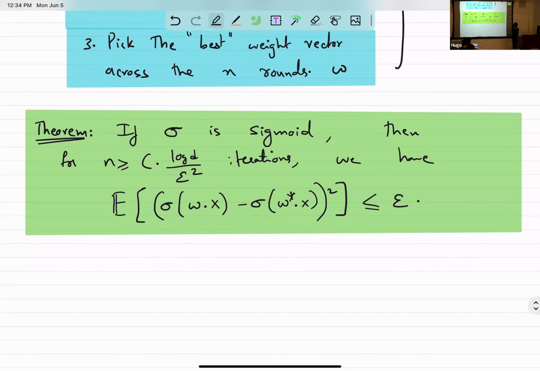Okay. So if you want to get epsilon error, I just need to run like log d over epsilon squared.